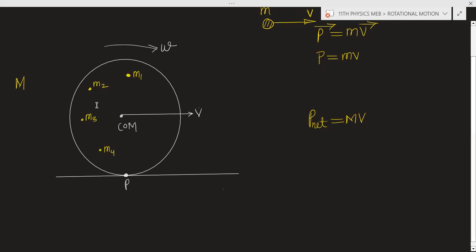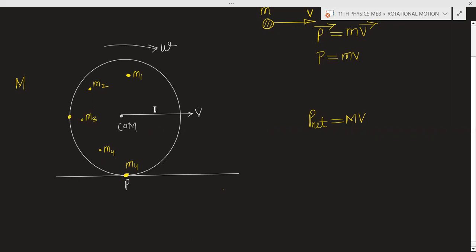This body is made up of n number of masses. One mass is here also, and this will be m5.